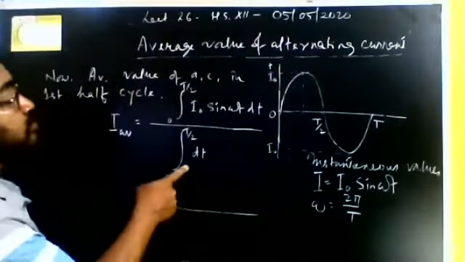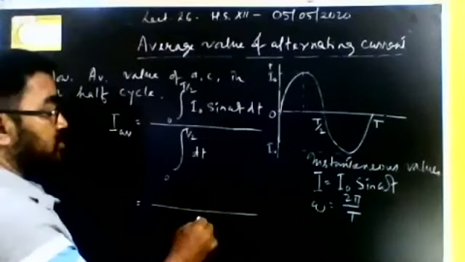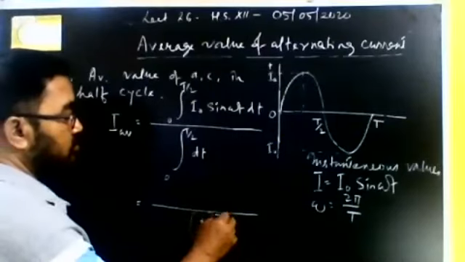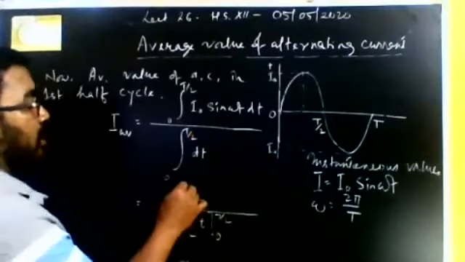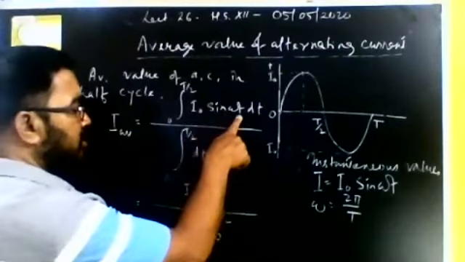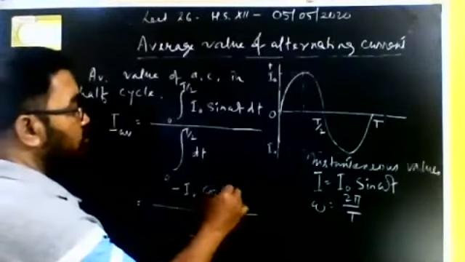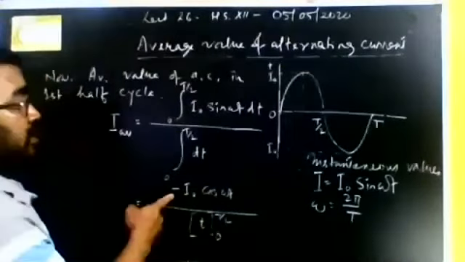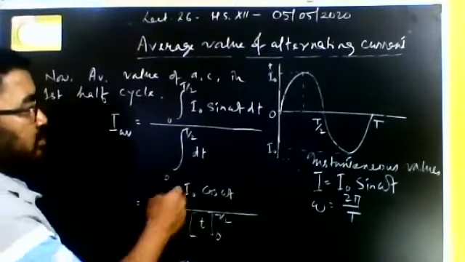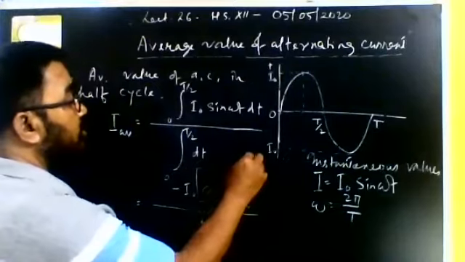If you put the value here, the integration of dt is equal to what? Small t, from 0 to T by 2, and here I naught is a constant quantity, right? The integration of sin omega t is minus cos omega t, so minus is taken in front of I naught, and you have to put the limits 0 to T by 2.